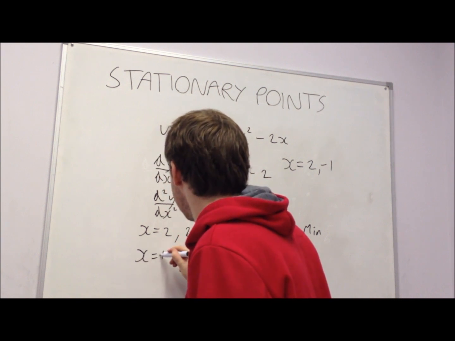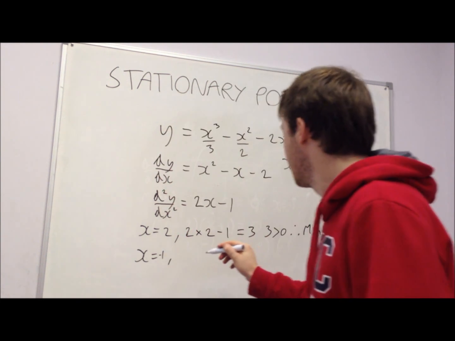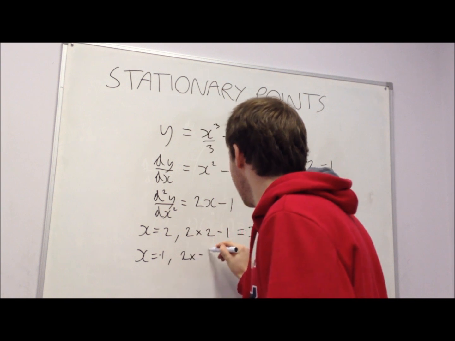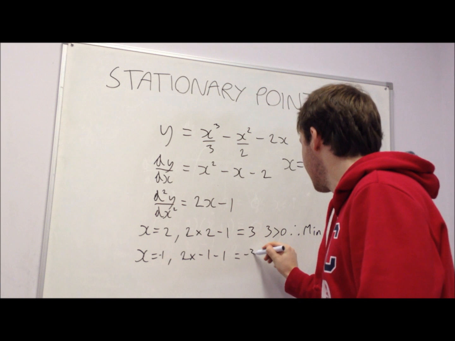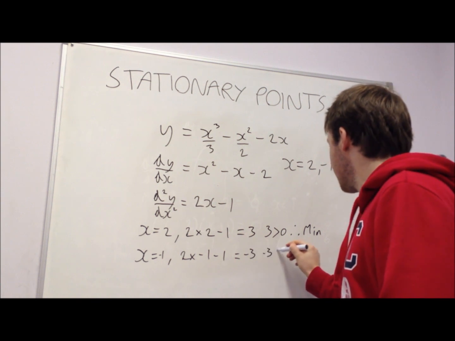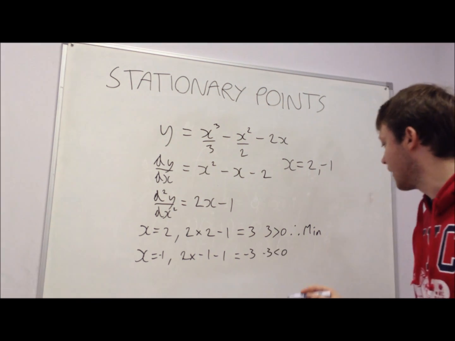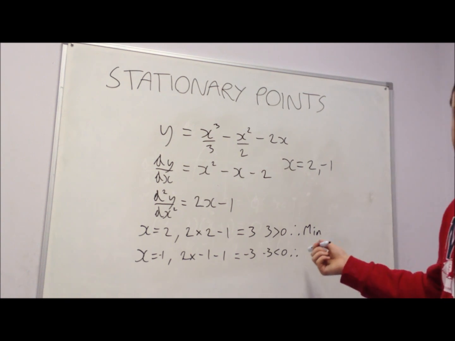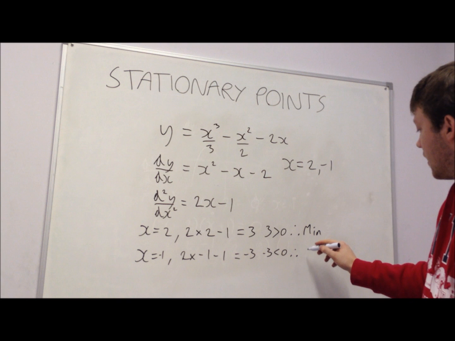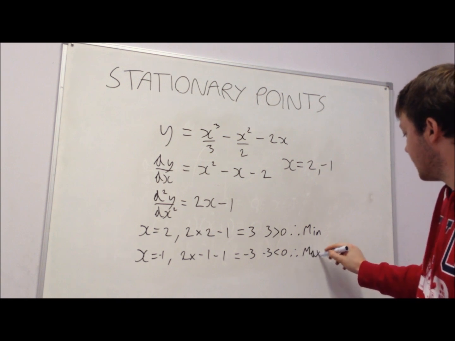Then if x equals minus 1, we get 2 times minus 1 minus 1 equals minus 3, which is obviously less than 0. And as we said again, except conversely this time, this makes it a maximum point.